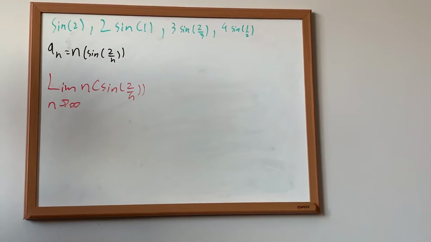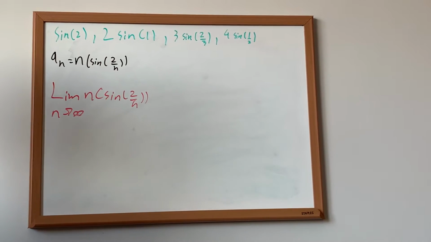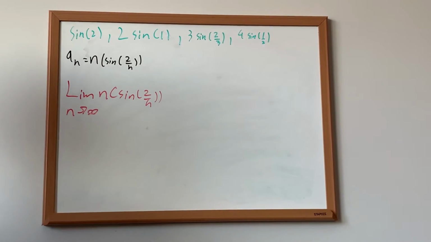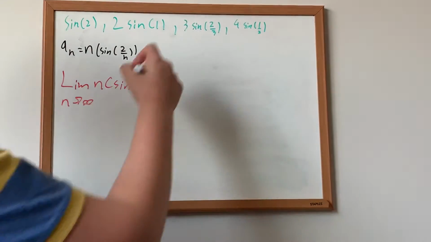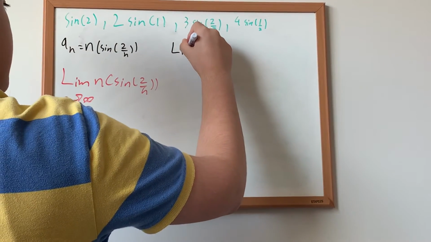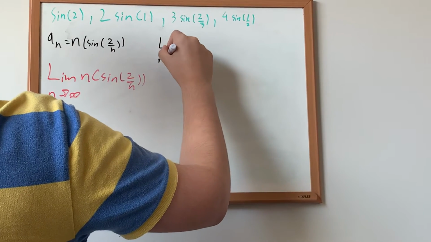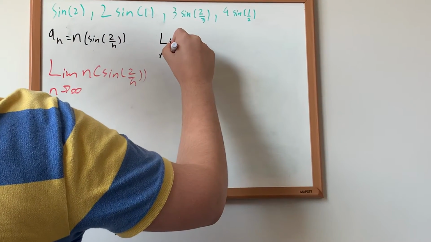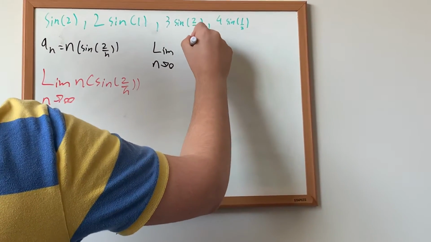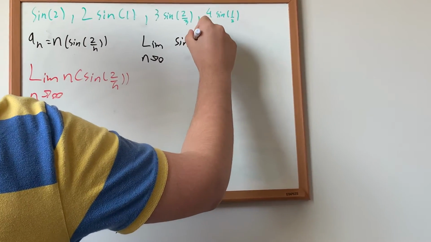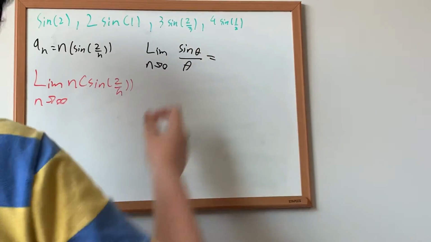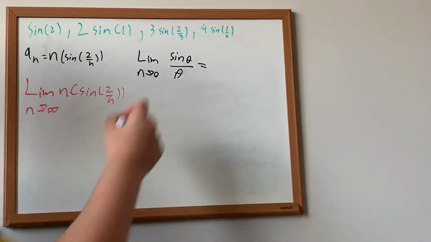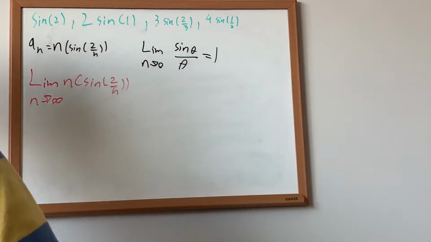So we can use one limit that is very famous for calculus students, and that limit is the limit as theta approaches 0 of sine of theta over theta, which, using L'Hopital's rule or any proofs, converges to 1.